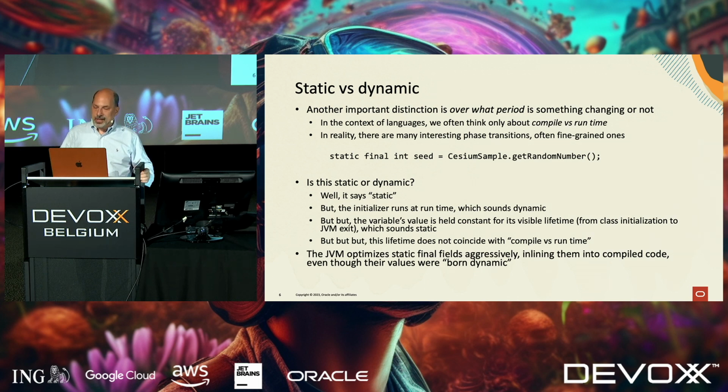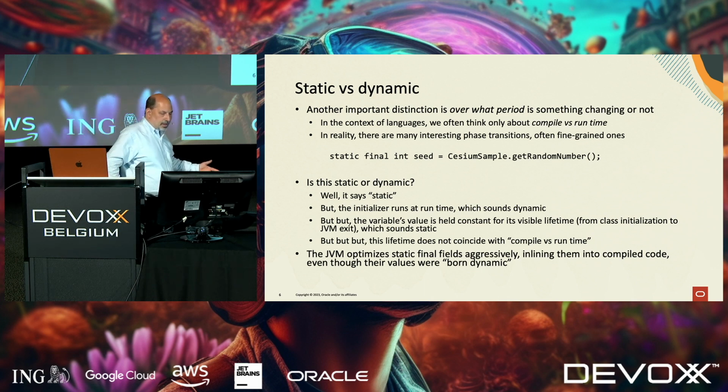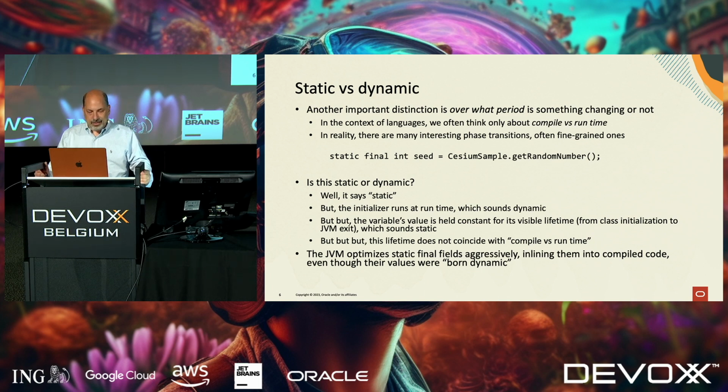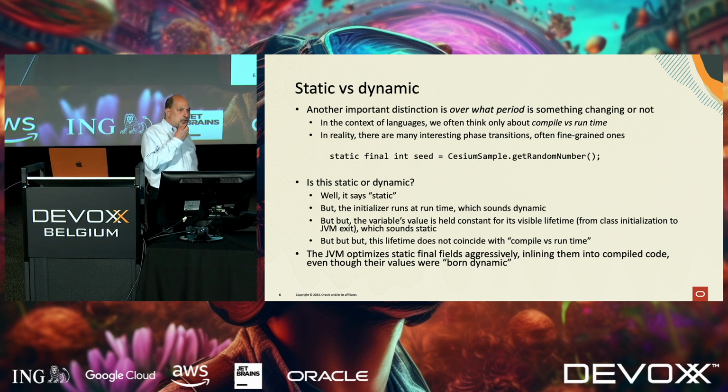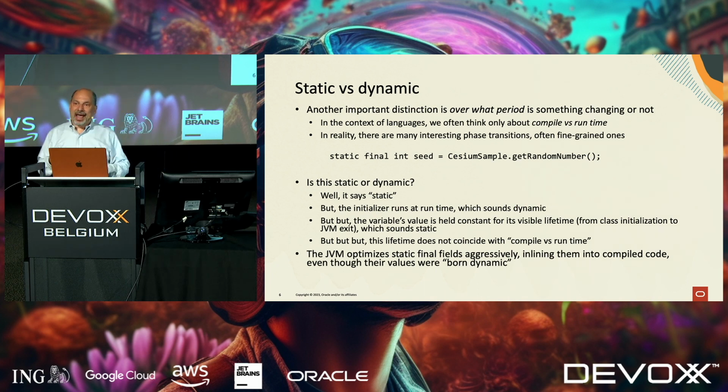So no one can ever see it change. Well, unchanging, that sounds kind of static. But on the other hand, this lifetime doesn't coincide with the compile time versus runtime distinction. So it gives you an idea that we're used to playing very fast and loose with these terms, and that can often get us in trouble.